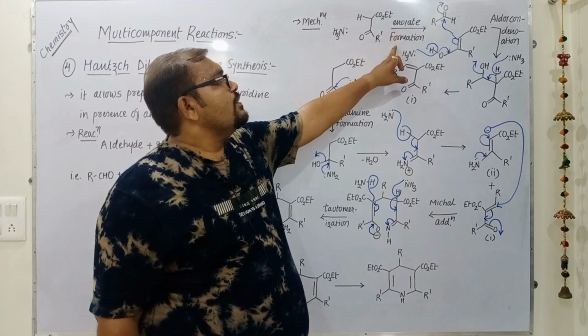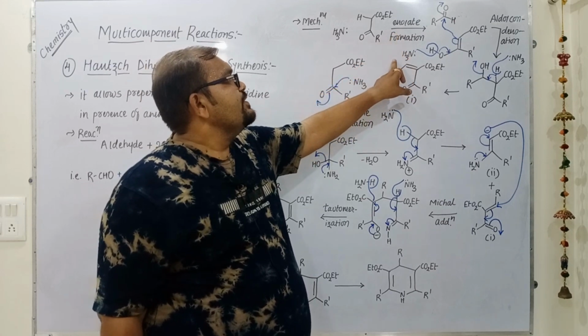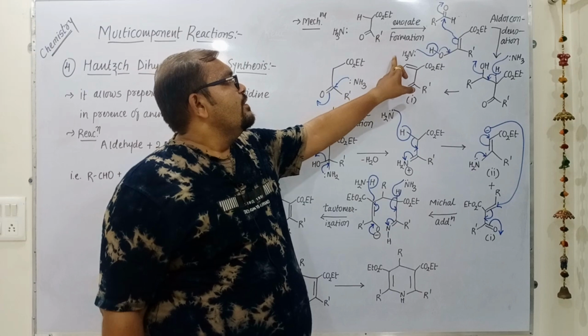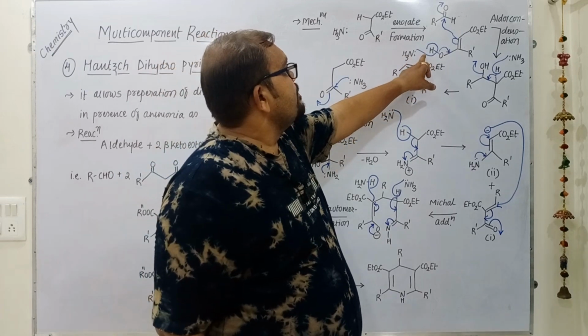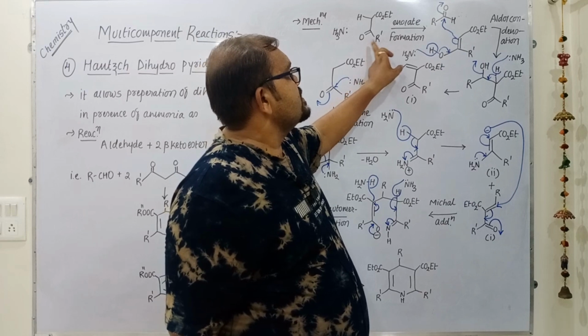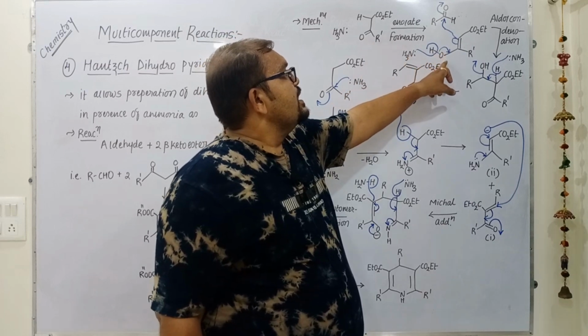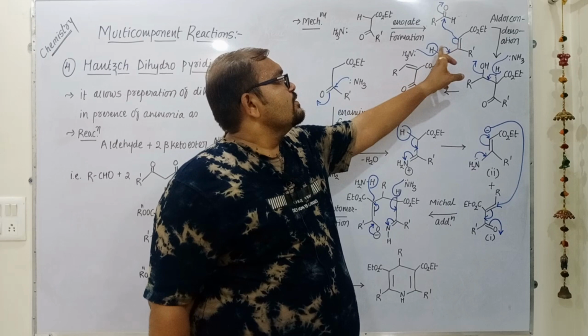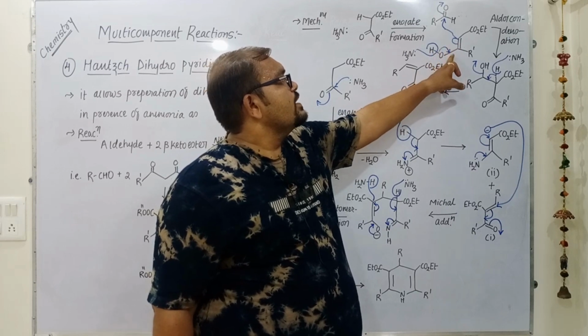Now let's see here that the base will react with 1 mole of beta ketoester to give enol, which is called enolate formation. How? This molecule of ammonia will abstract a proton of the enol form of this beta ketoester. So what will happen? This bonding pair will be shifted over here.